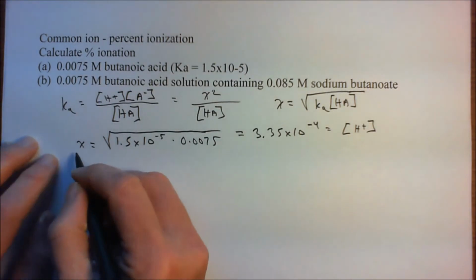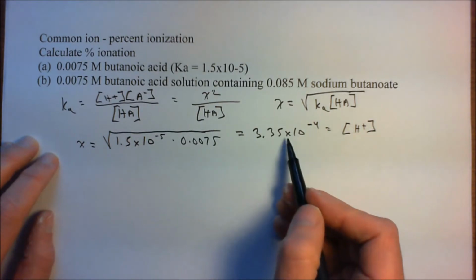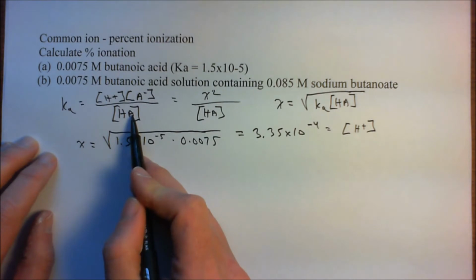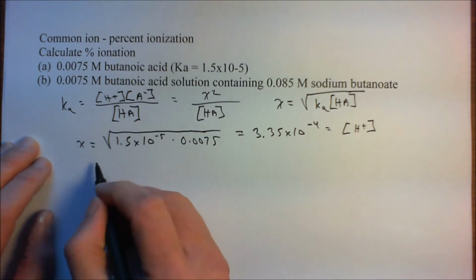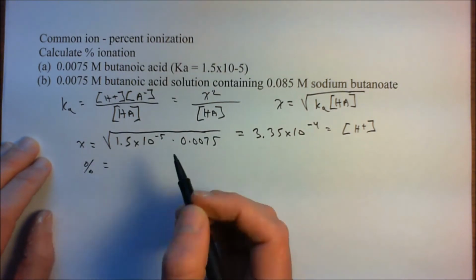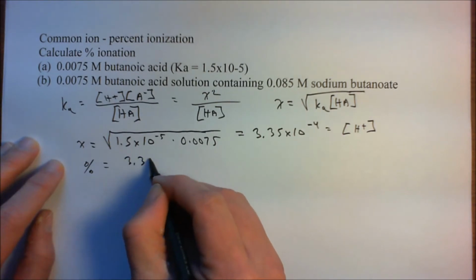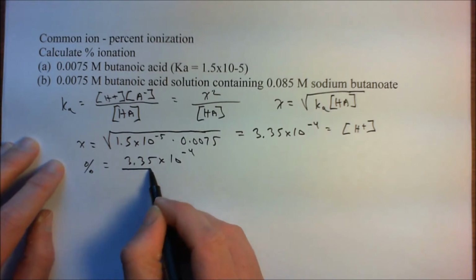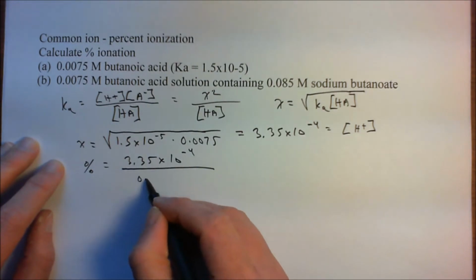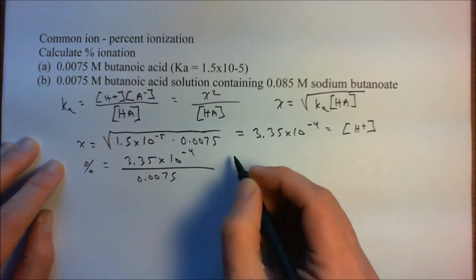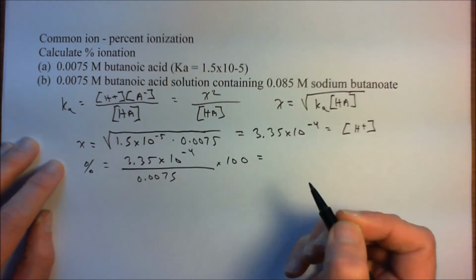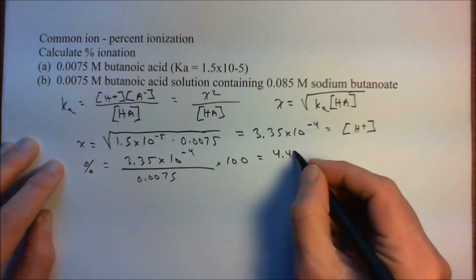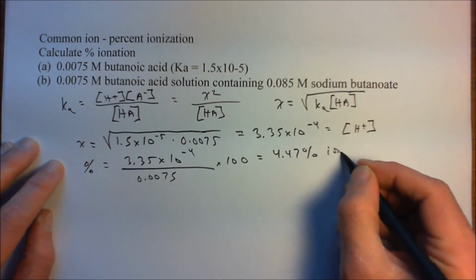Percent ionization we can get from this. The percent ionization is our H plus over our undissociated acid. So percent will equal 3.35 times 10 to the minus fourth all over 0.0075 times 100, since it's percent, and you put that in your calculator and you get 4.47% ionization.